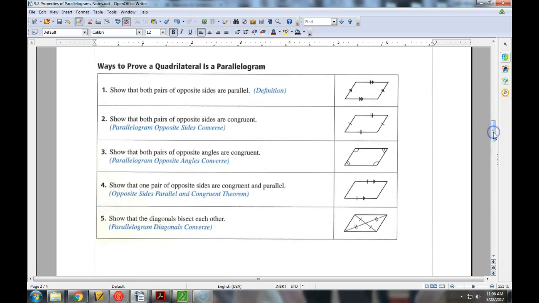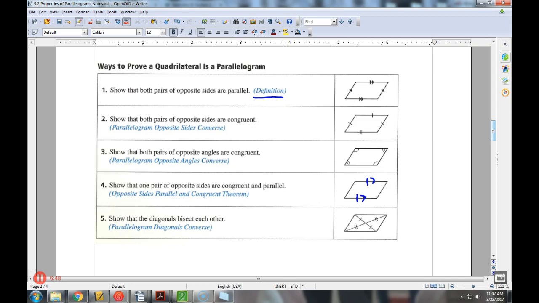All right, so here's a little breakdown of everything that we've put together from up above. These are all the ways that I could prove it. Both sides parallel, that's the definition. Opposite sides congruent, opposite angles congruent. One pair of sides that is both congruent and parallel, and then the diagonals bisecting each other.